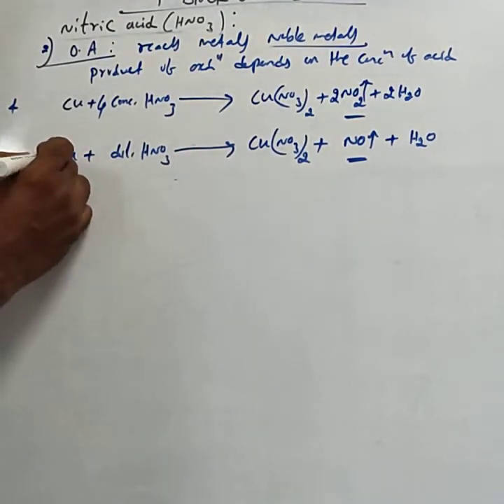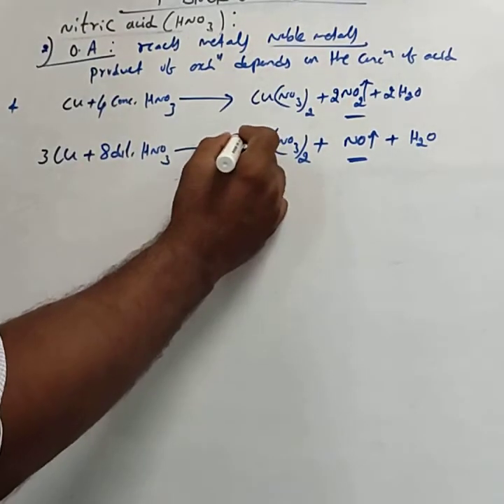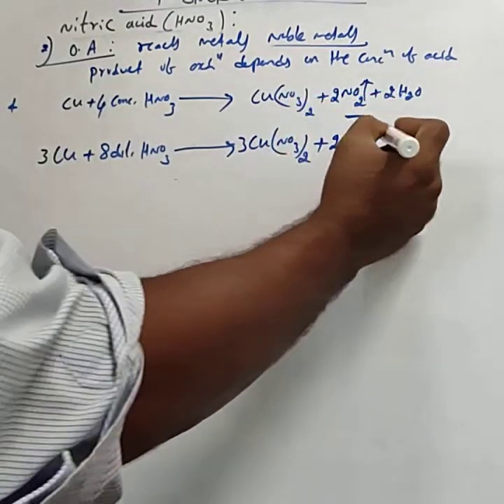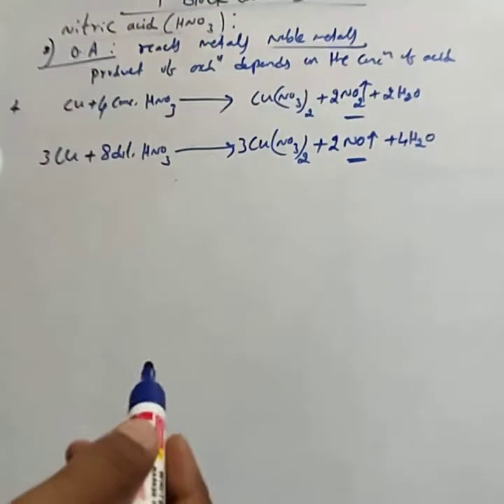Again to balance, use 3 and 8. Then the products are 3Cu(NO3)2, 2NO and 4H2O. You have to remember these products, very important.